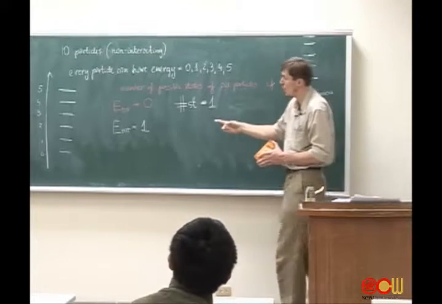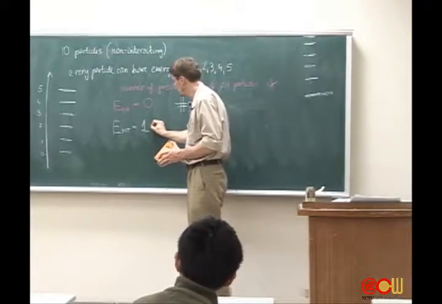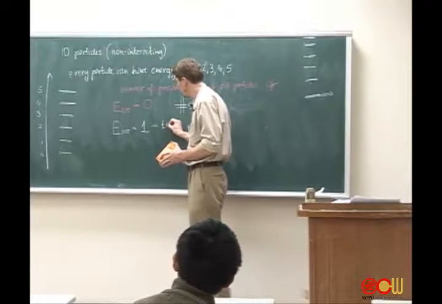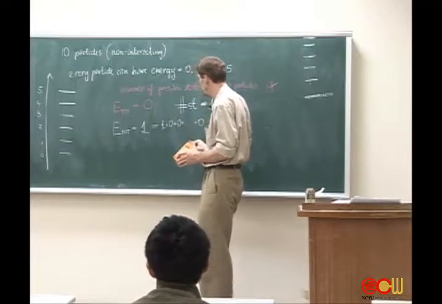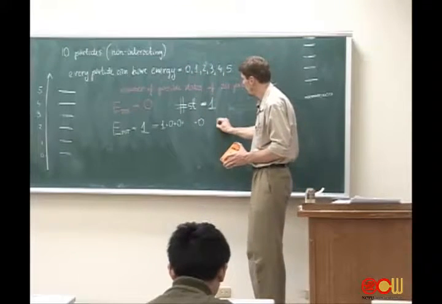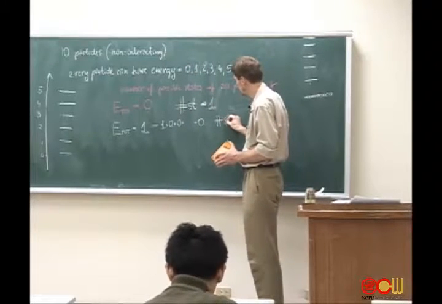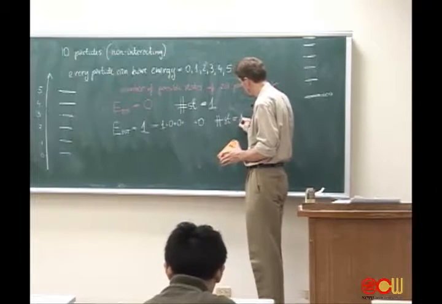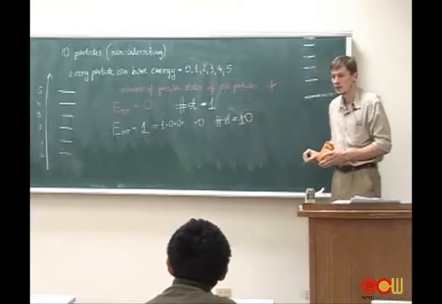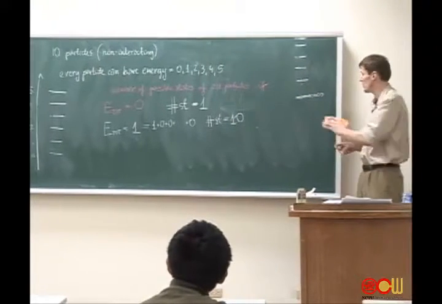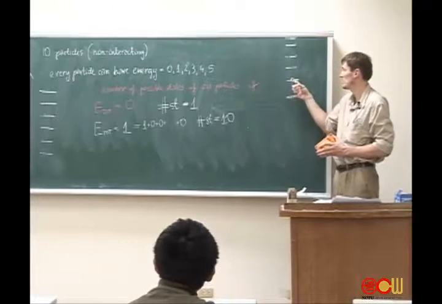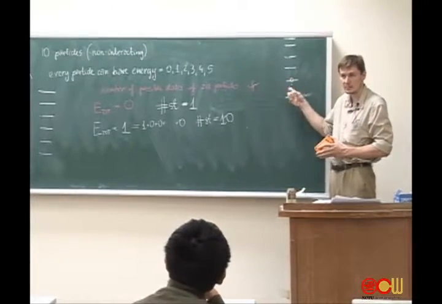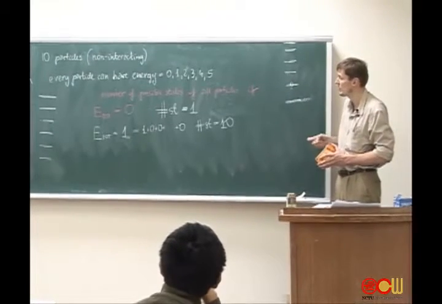We know that 1 can be decomposed into 10 as 1 plus 0 plus 0 plus 0. So the number of possible states, of course, is 10. Because the first particle can be here, but it can be the first particle, the second particle, the third particle, the fourth particle, and so on.